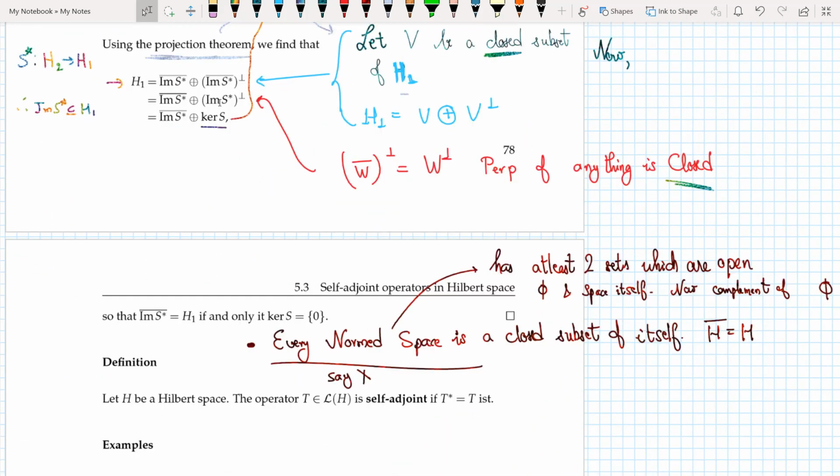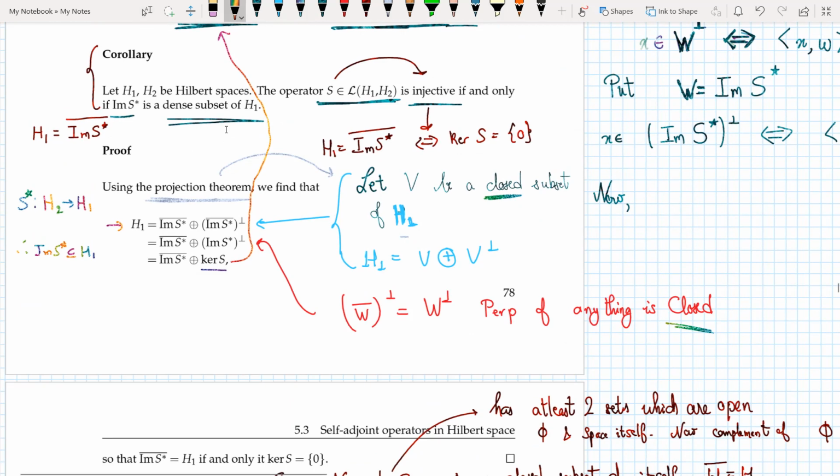And my theorem says that an operator is injective if and only if the kernel of S is equal to 0. So if the kernel of S is equal to 0, then H1 would be the closure of the image of S star, because the kernel of S is 0, and then the image of S star is a dense subset of H1.